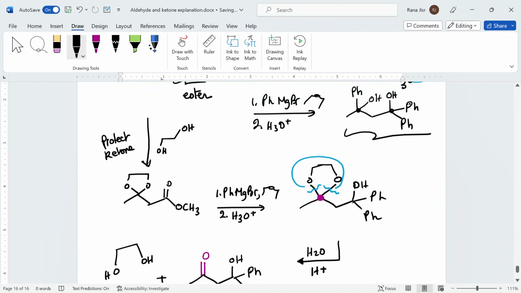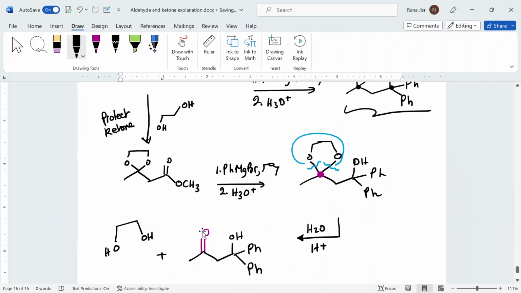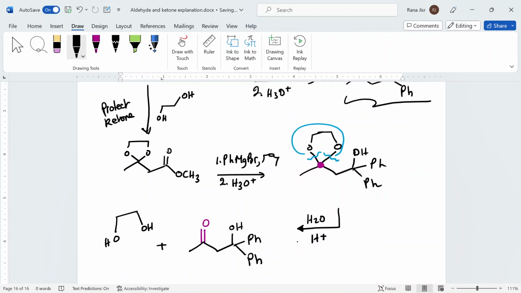In this way, what I did is I protected the carbonyl of the ketone from the reaction with the Grignard. I did the Grignard on the ester itself, and then I got rid of that protecting group by simply doing hydrolysis in acidic medium.